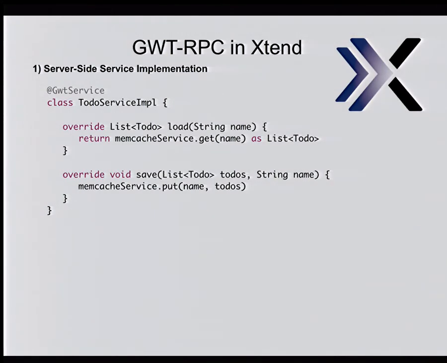So you can participate in the compilation step from Xtend code to Java code. And you can do all kinds of things. You can generate new interfaces, as in this case. You can have errors and warnings, provide quick fixes. There are very, very many powerful ways to do that.